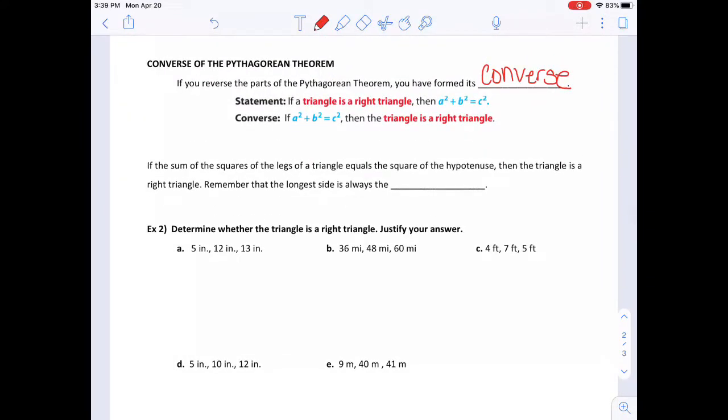If the sum of the squares of the legs of a triangle equals the square of the hypotenuse, then the triangle is a right triangle. Remember that the longest side is always the hypotenuse, which is c. That's really important to plug in the right length for c.